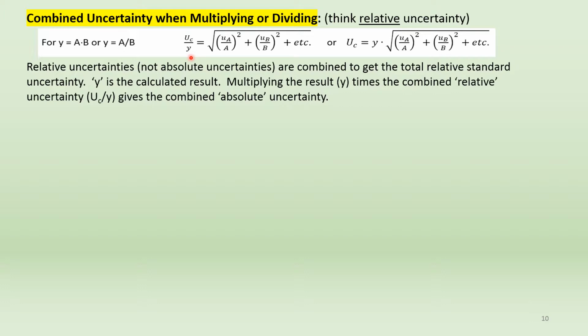If I then multiply y times the relative uncertainty, you see over y, it gives the combined absolute uncertainty. So what I'm saying here, you can either calculate absolute uncertainty directly by multiplying this by y, or you could calculate the relative uncertainty using this formula and then multiply that term you see over y times y to get the absolute uncertainty.